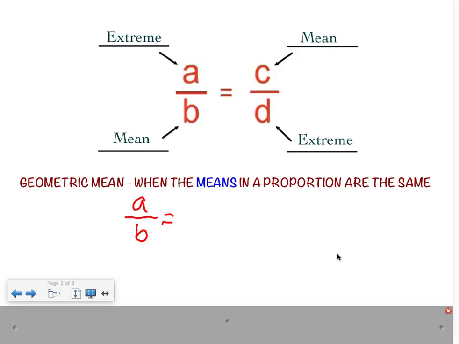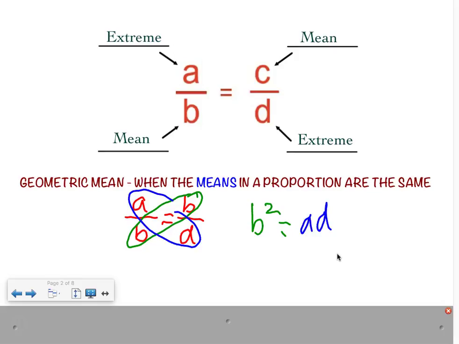B, because I want my means to be the same. And if I wanted to solve that, what's B times B? B squared. B squared equals A times D. Maybe I'd write that down somewhere in the blank space.